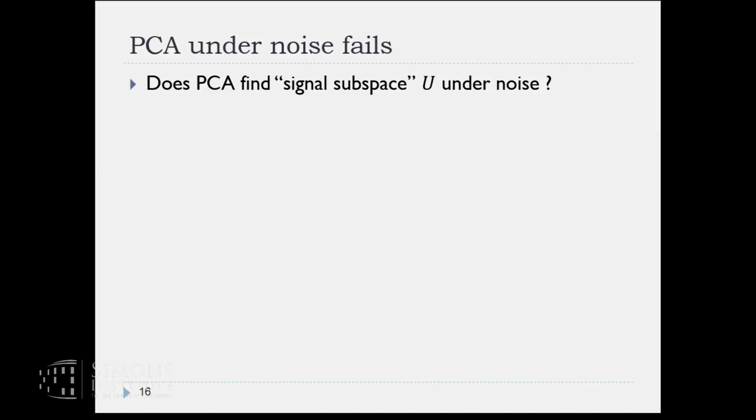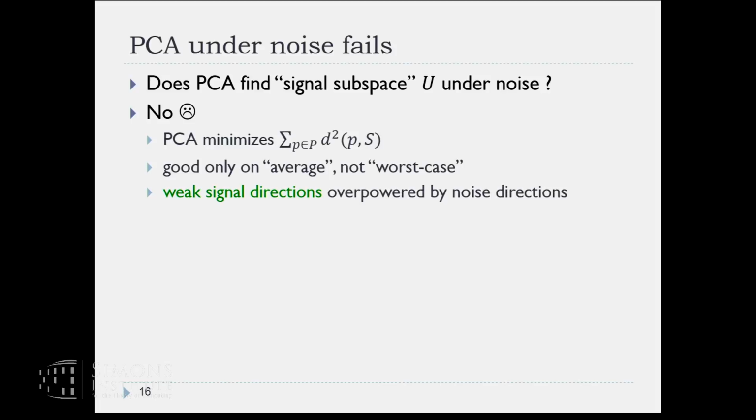Okay, so as I said, we're not going to find exactly U. That's going to be a problem. The problem is that out of these k important directions in this unknown subspace U, let's think of it as maybe half of them being really strong and half being really weak.